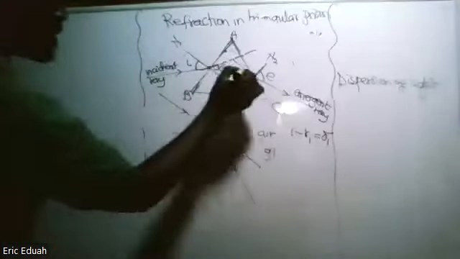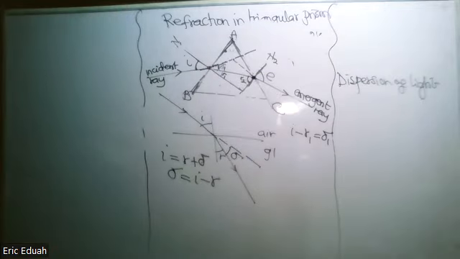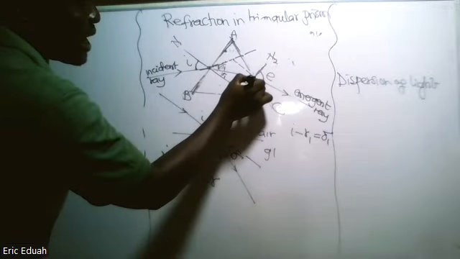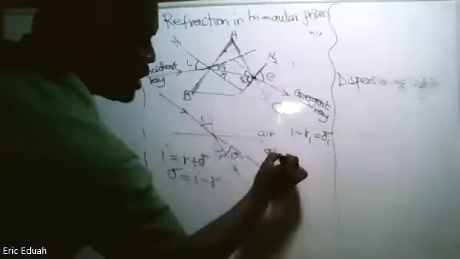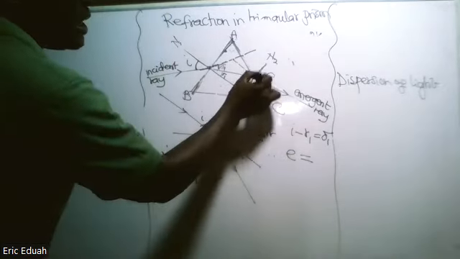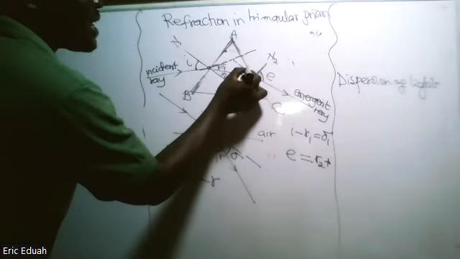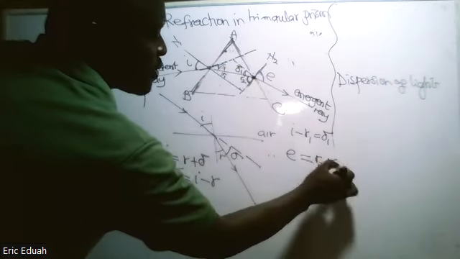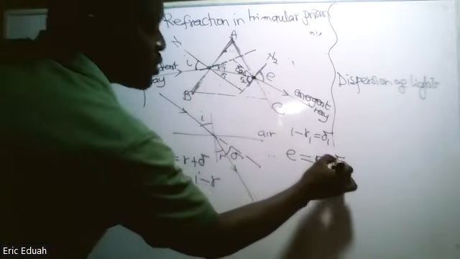When we look at the other plane, we have the same thing. The angle of emergence must be equal to this angle plus this angle. So E is equal to R2 plus the second deviation, sigma 2.